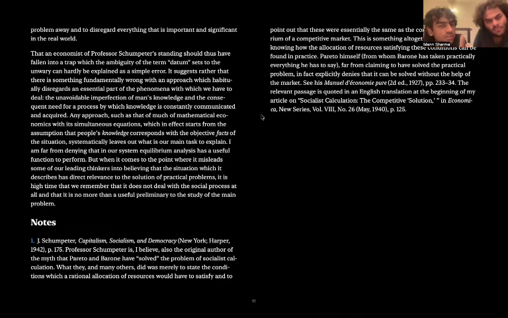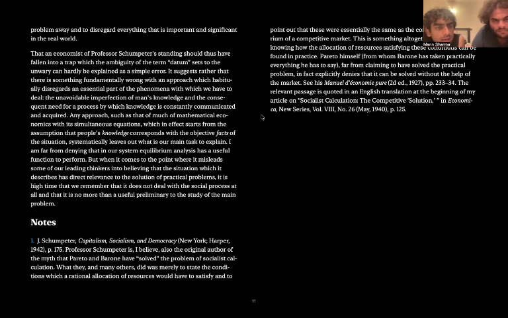Any approach such as that of much of mathematical economics, with its simultaneous equations, which in effect starts from the assumption that people's knowledge corresponds with the objective facts of the situation, systematically leaves out what is our main task to explain.